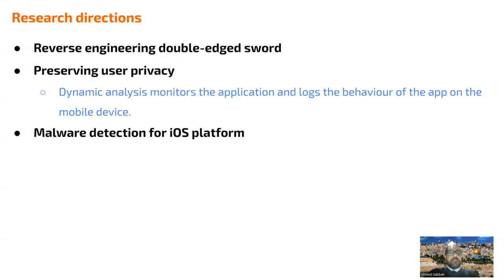Dynamic analysis monitors the application and looks at the behavior of the app on the mobile device. This may allow the analyzer to gain some sensitive information, especially as dynamic analysis may need root access to the device. So this type of analysis needs more investigation.